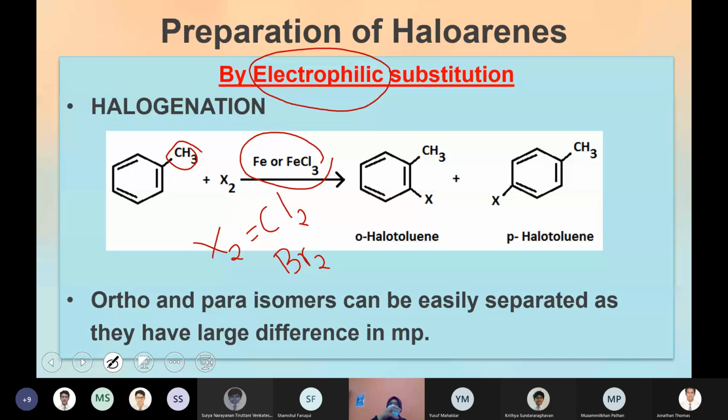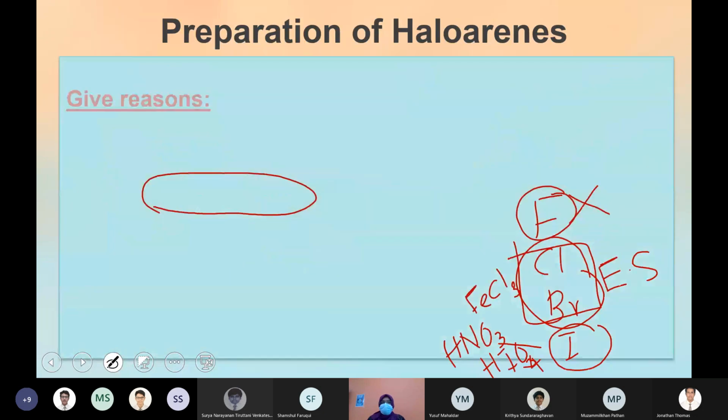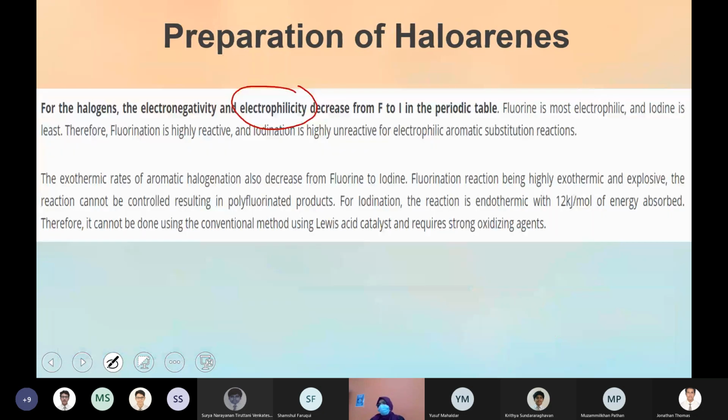An electrophile is coming and getting attached to the benzene by replacing, see, there was a hydrogen. That hydrogen is what is replaced with the halogen X. So it is an electrophile which is coming and attacking a benzene ring. So the ability to act as an electrophile is the main factor deciding the reactivity.